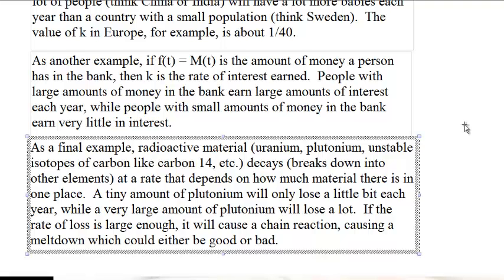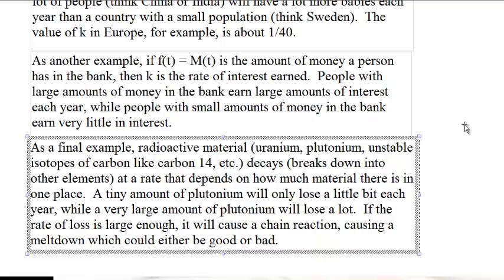Every now and then, these things pop and break down. If you only have a few of them, you're not going to lose that much. If you have a lot of these atoms, more of them are going to pop in any given year. So the more plutonium you have, the more you lose every year.